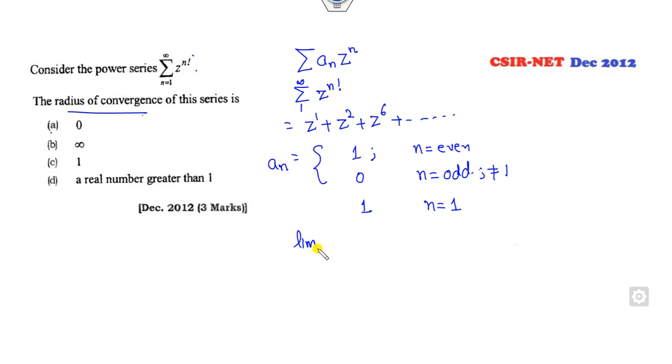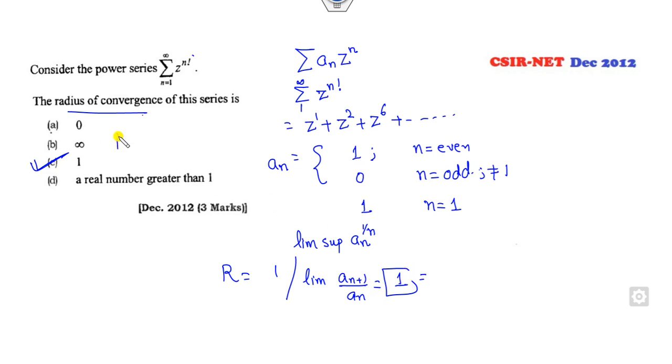So what is the limit supremum of an? Since this is only a 1, I can't take that, so I will use another way: an plus 1 over an, which is a 1. So it means the radius of convergence will be 1 over this, which is nothing but 1, the right answer.